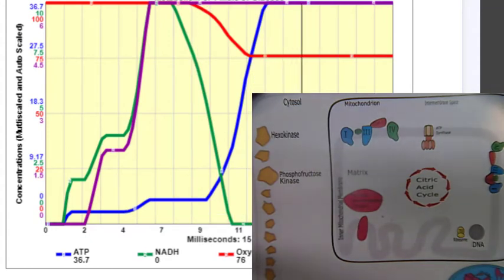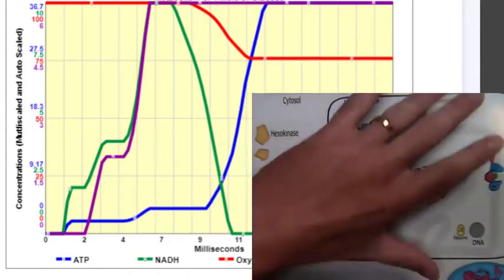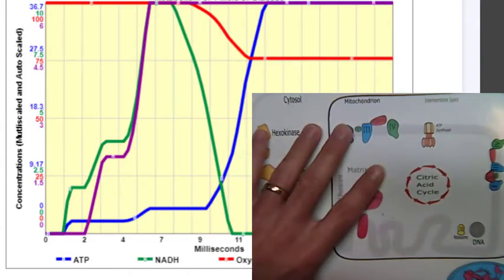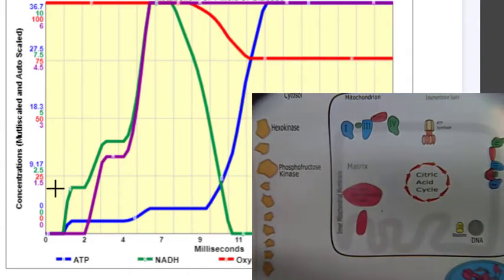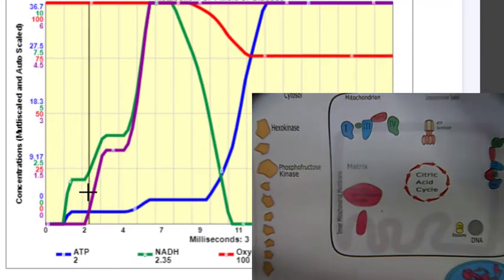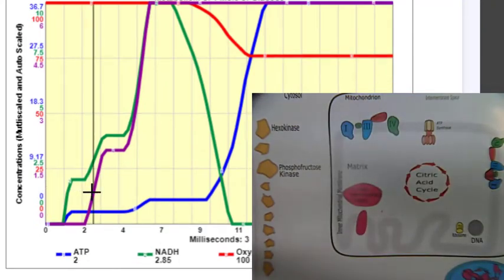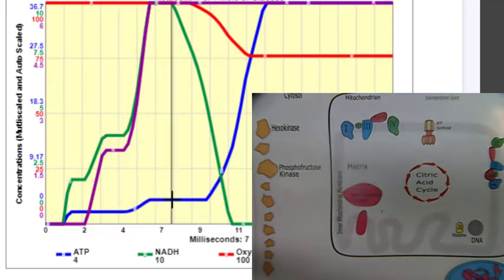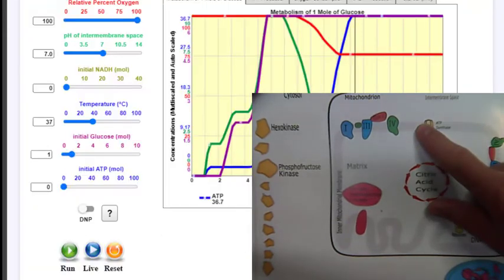And so we can start picking out which part of cellular respiration is happening at which stage. And if we were to look at a model, we see 2 ATP are made during glycolysis, 2 more during the citric acid cycle, and then a bunch more is made on the electron transport chain by ATP synthase.